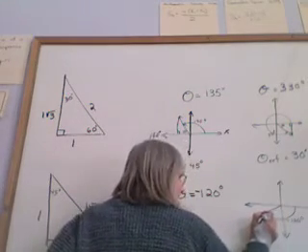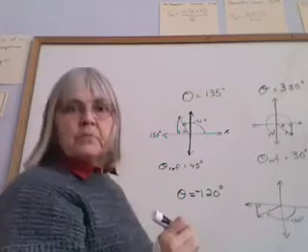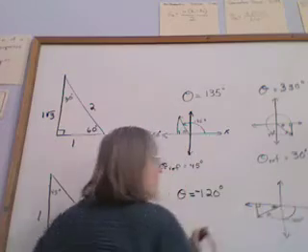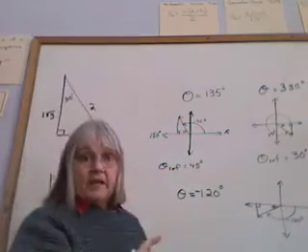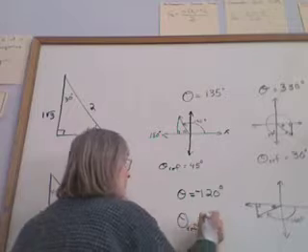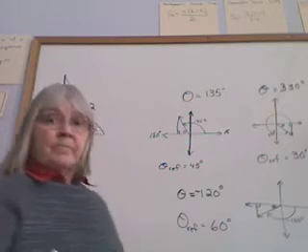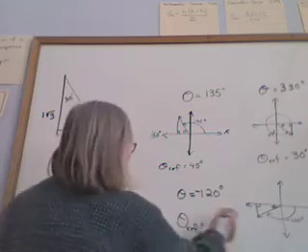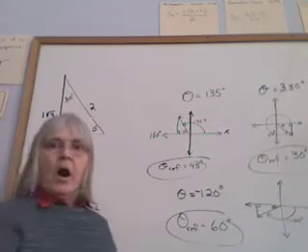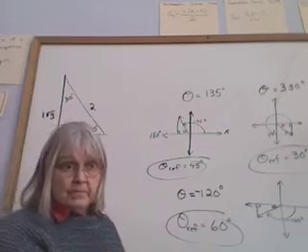Go from the end of the arrow to perpendicular. Always perpendicular to the x-axis. My reference theta right there. What is that acute angle? Degrees. Notice reference thetas are always positive, always acute.